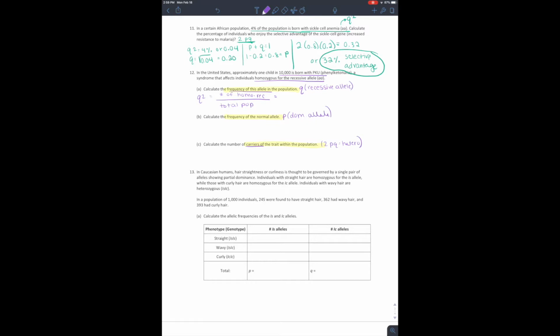So we're going to get our number by doing 1 out of 10,000. That is going to be equal to 0.0001. So that's Q squared. So all I've done is calculate the frequency of being homozygous recessive. They just want to know the allele. So Q is going to be equal to the square root of 0.0001. Q is therefore, when I do the math, 0.01.